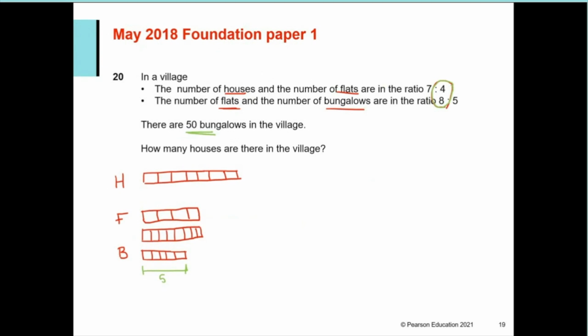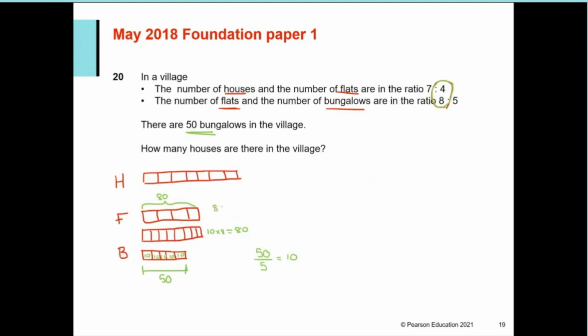So then we look where that is. Well, there's that 50. And this is what I was saying about making sure that multiplication link is really clear early on. So what calculation do I need to do at this point? Okay, so I'm going to do my 50 divided by 5, which is 10, which means that I know that each one of these tiny little boxes here is worth 10. So each one of those flats there is worth 10. So I've got 10 times 8, which is 80, which means that this here, because it's the same size, and that's the point of these, is that that bar is the same total length, is 80.